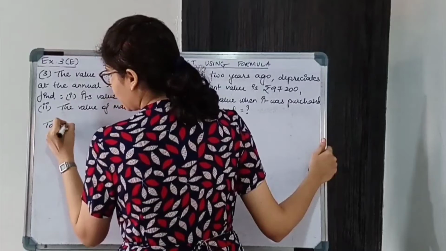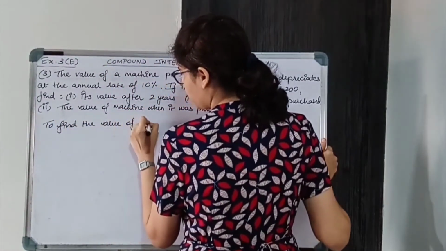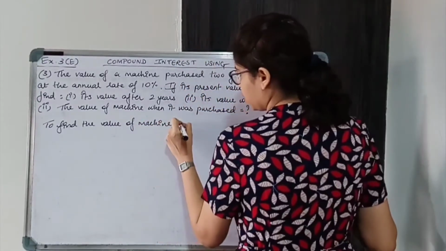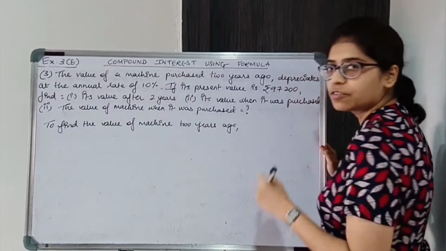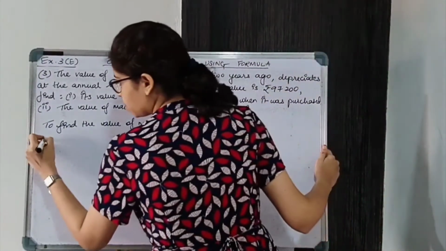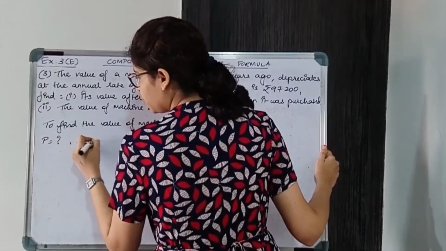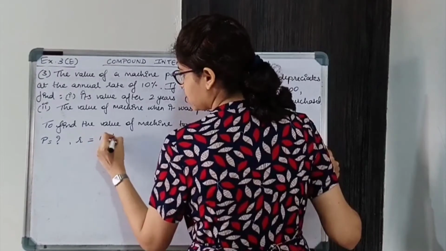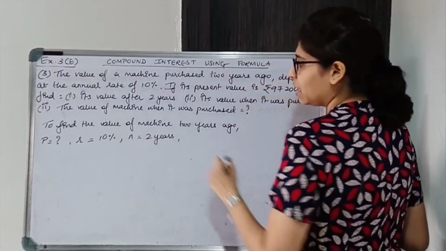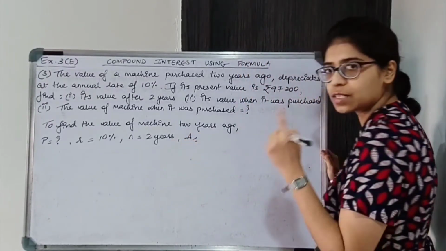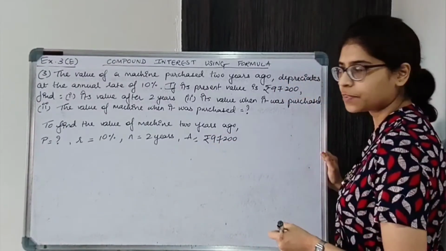So to find the value of the machine 2 years ago, first we need to write down principal, rate of interest and number of years. Principal we need to find. Rate of interest is 10%, number of years is 2 years, and amount we know, that is present value, 97,200.